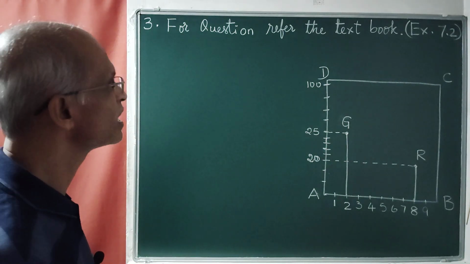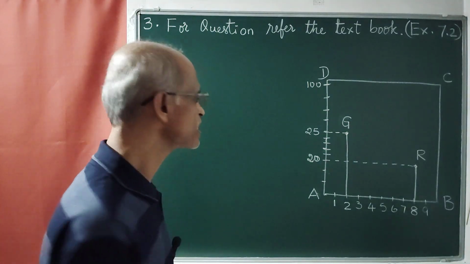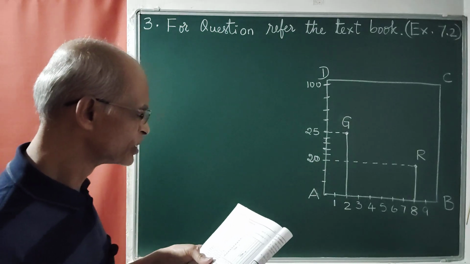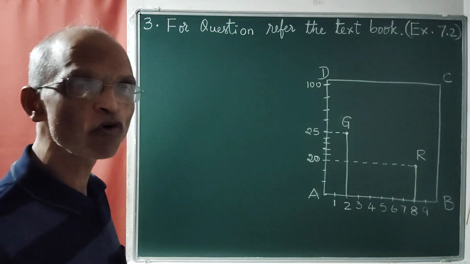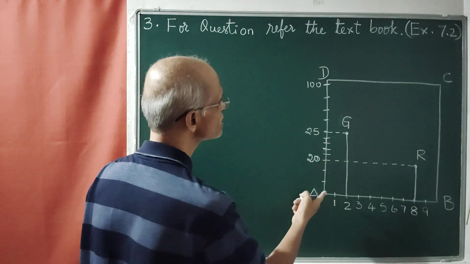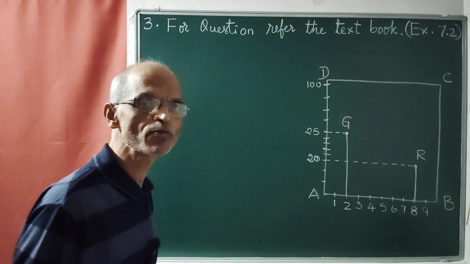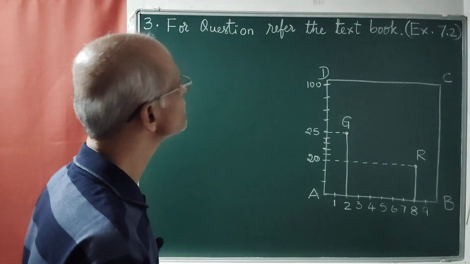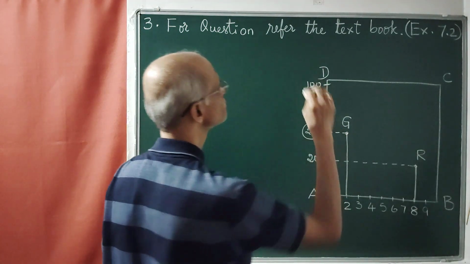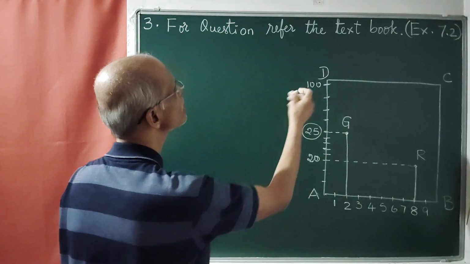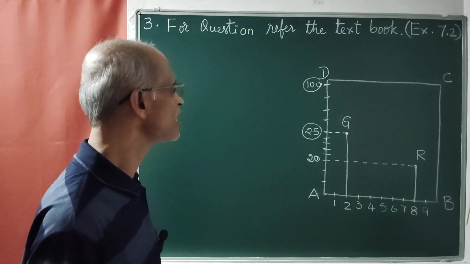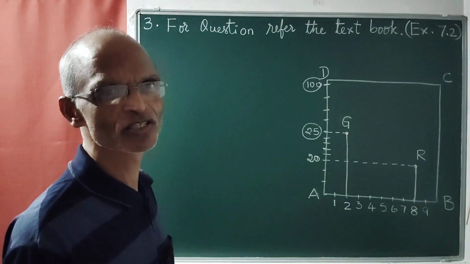Now the first girl, Niharika, runs along the second line. She runs 1/4 of the distance AD. So it means what? 1/4 means she will reach the 25th flower pot, because there are 100 flower pots placed along this AD, and she runs 1/4 of the distance.